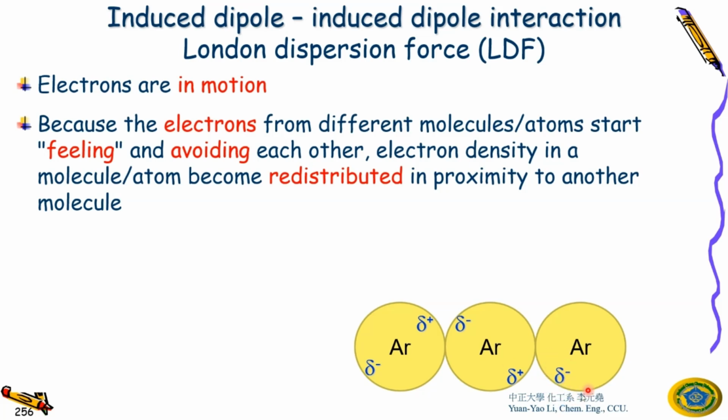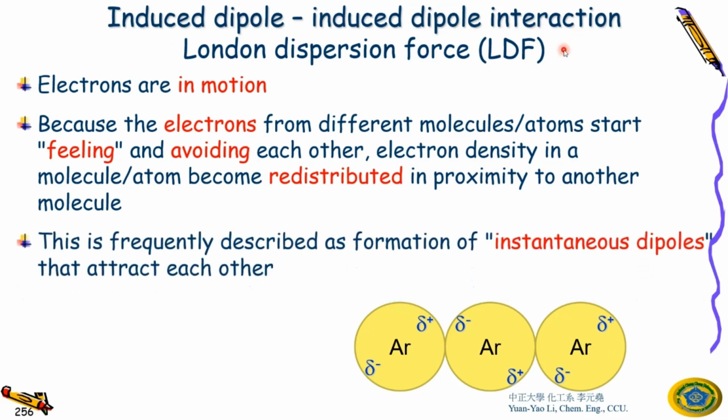Because at time 1 this is induced and induced, this is called induced dipole interaction. This is frequently described as the formation of instantaneous dipoles that attract each other.